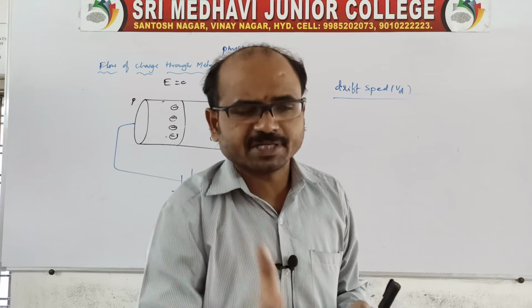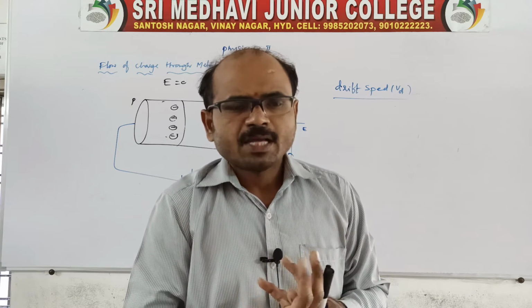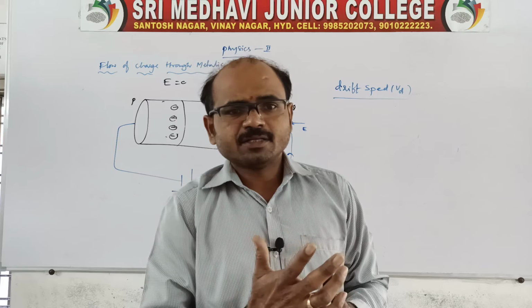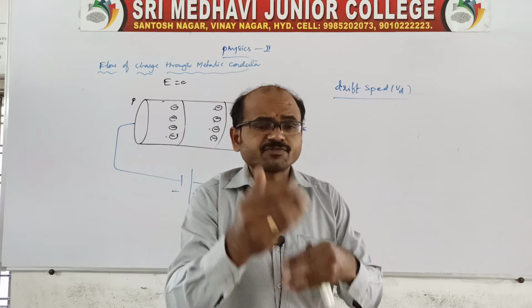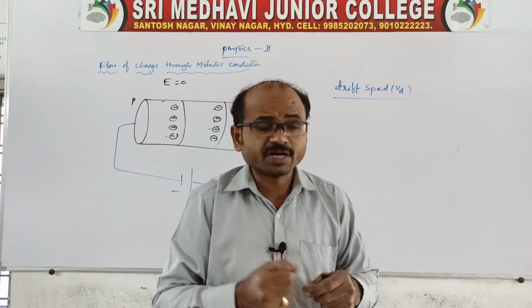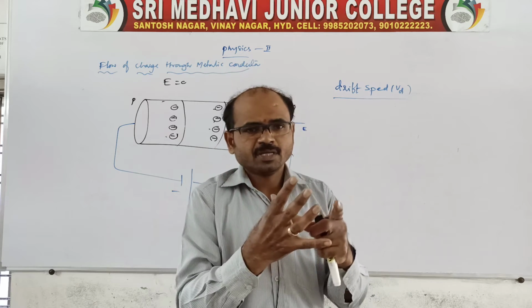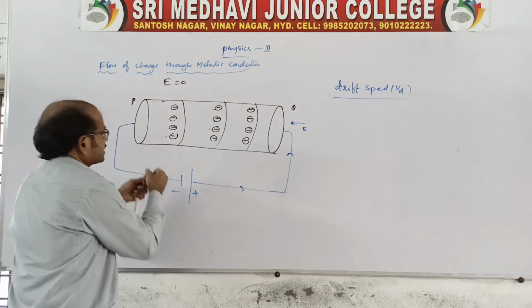Modified means drift: initially there is no electric field intensity, and after it is applied, all electrons are modified, drifted together, and move opposite to the applied electric field intensity.